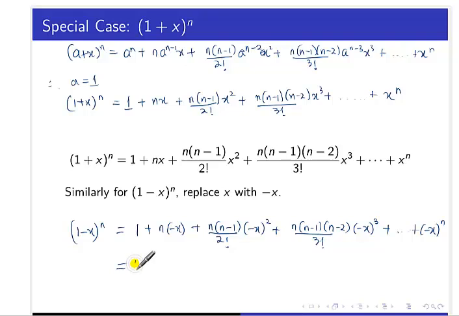With this we have 1 minus nx plus, now the square of a negative is positive, so we have n minus 1 all on 2 factorial, and we have x squared.